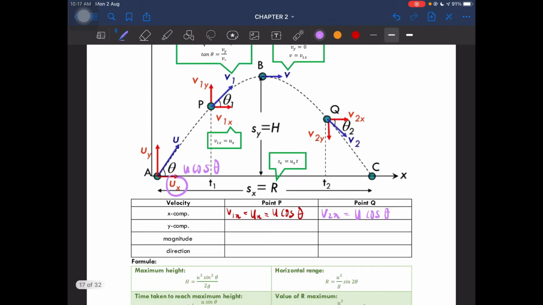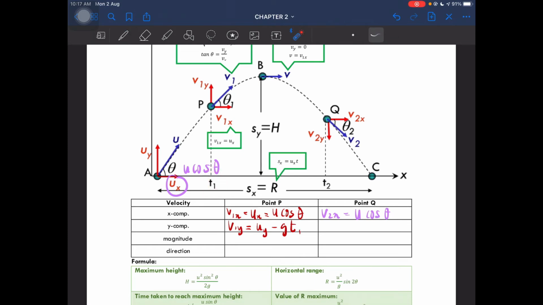Next, the y component. Let's look at the y component for point P. For the y component, it is v1y. We can find it by using the formula uy minus g t1.